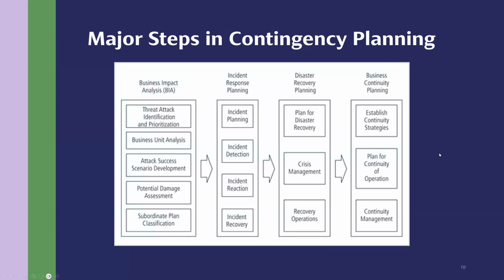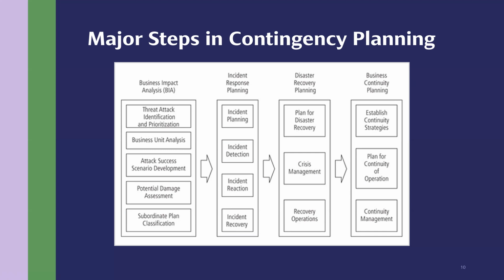So these are the major steps in contingency planning. I have listed these four in a box. In BIA, we have a series of operations that we perform: threat attack identification and prioritization, business unit analysis, attack success scenario development, potential damage assessment, subordinate plan classification. Similarly, in incident response planning, we have 4 steps.